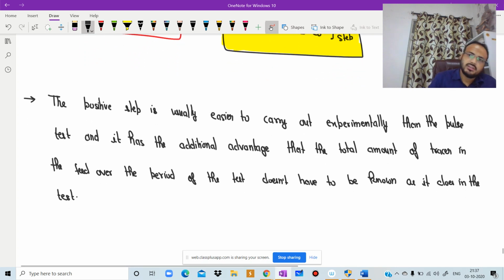But every beautiful thing has some disadvantages or negative points. It is very difficult to maintain that concentration of C naught or C max in this technique.